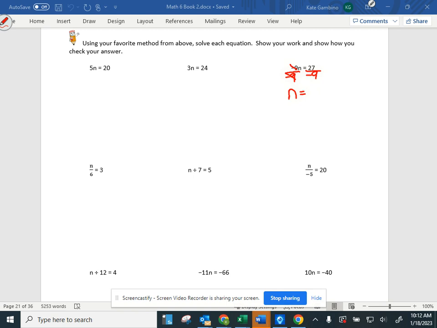So what is 27 divided by negative 9? What's 27 divided by 9? 3. And so then, would it be positive or negative? Negative, because we have a positive and negative. They are unequal. So our answer is negative 3. So if I put that back into my equation, negative 9 times negative 3 equals 27. We know 9 times 3 is 27. Negative times a negative is a positive.